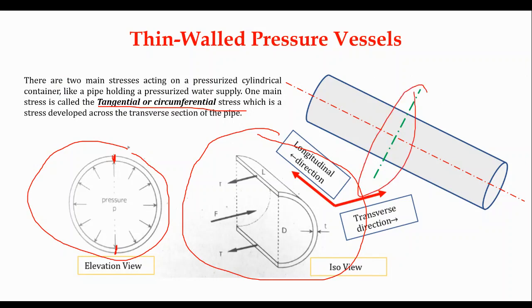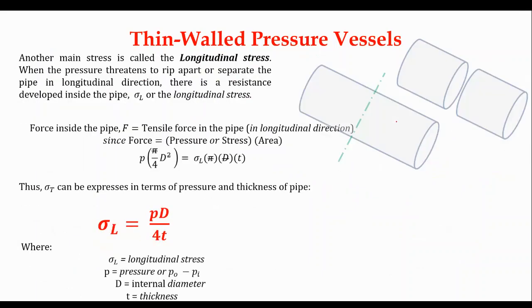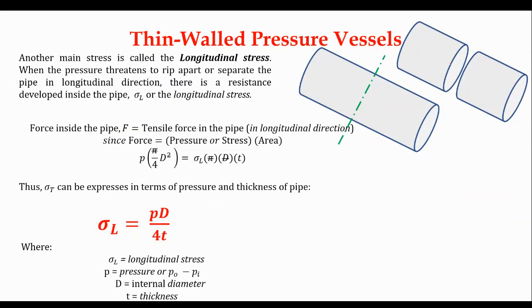Tanawan ning naka-green na linya. So, mao na ang failure sa longitudinal. Kita ninyo, nabulag siya in this way. So, kung ma-slice na dira dapit, so maingon ani imong pipe.